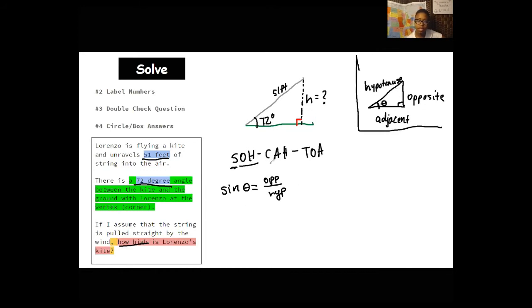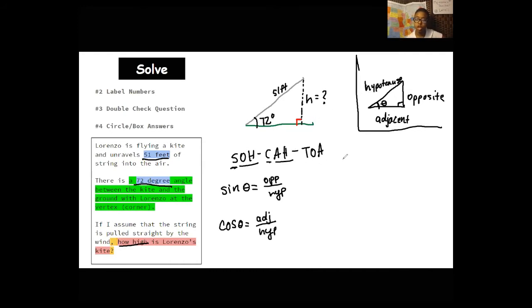So the next one is CAH. Remember, the first letter stands for the trig function, so this one is going to be cosine. And the next two letters are AH, or adjacent over hypotenuse. So here's adjacent, here's hypotenuse, okay?